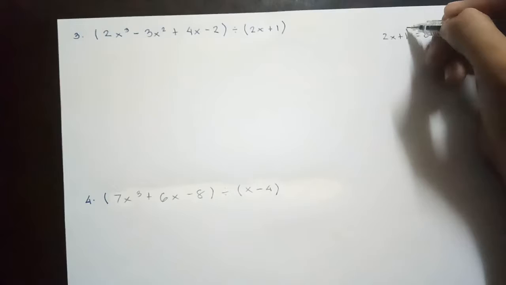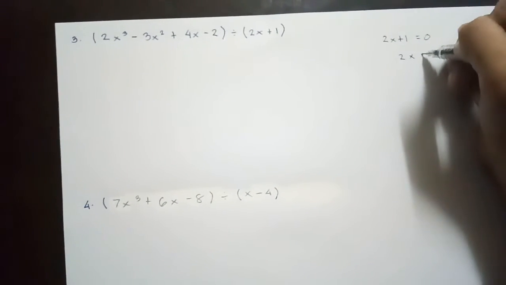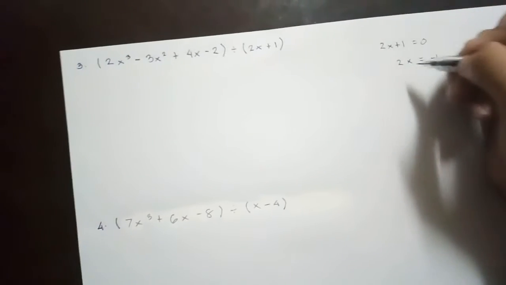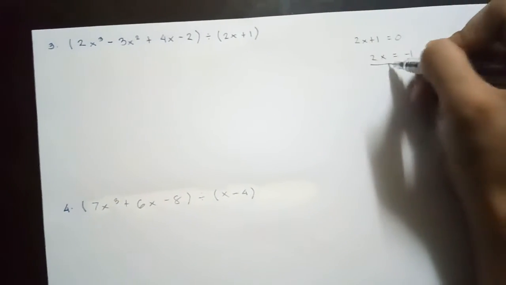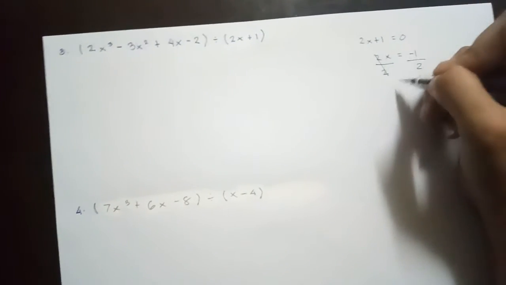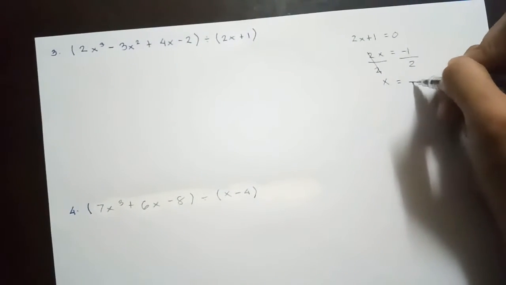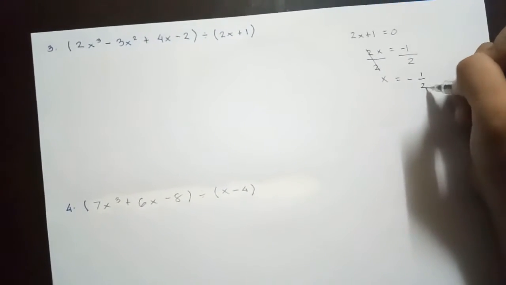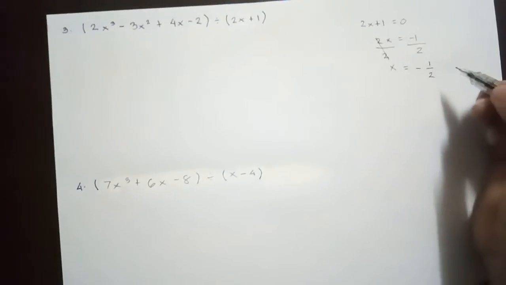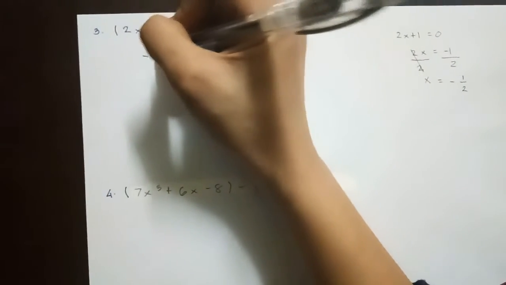Then transfer the 1, it will become negative 1. And to get this 2 out, we have to divide both sides by 2. So cancel. X is equal to negative 1/2. So negative 1/2 would become our divisor in this equation. Negative 1/2.